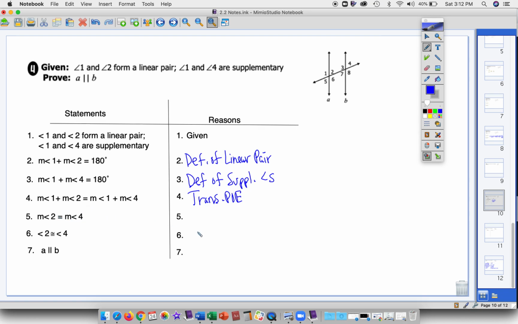From subtraction, I can say the measure of angle 2 is equal to the measure of angle 4. I have that middle step, because remember I need congruency to use the theorem. So that's the definition of congruency.